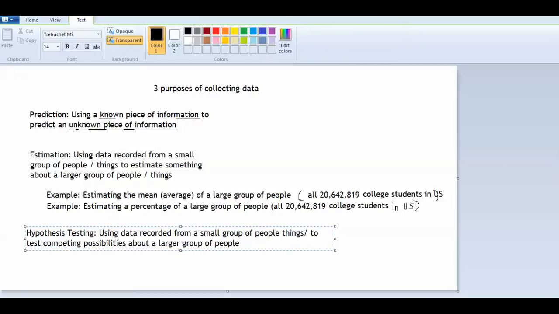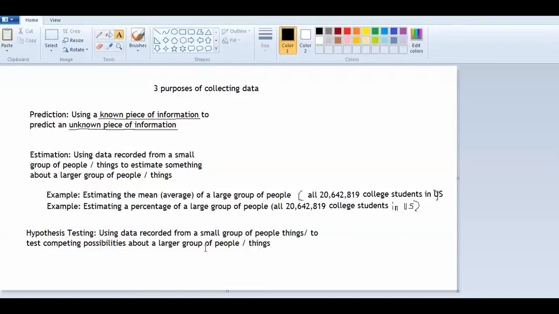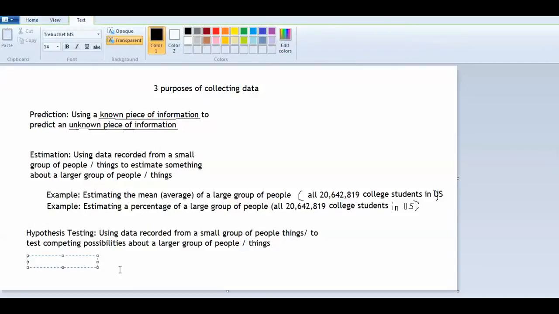What do I mean by competing possibilities?